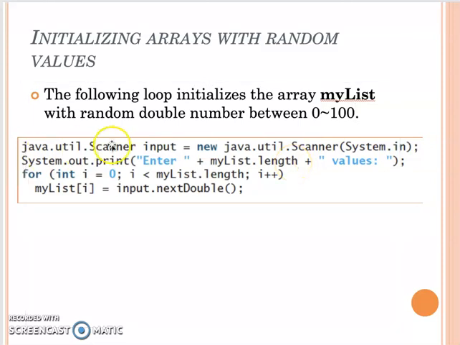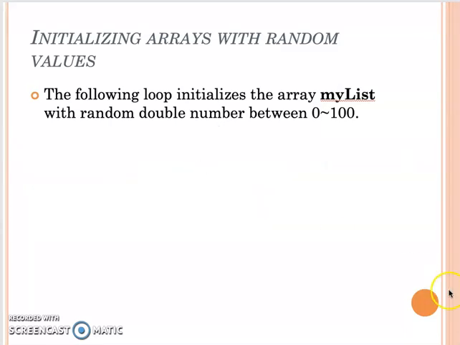We don't need a scanner anymore, and we don't need the input anymore either. Let me delete this one. I want you to write a for loop that initializes the array myList with random double numbers between 0 and 100. You can pause the video to finish your for loop.